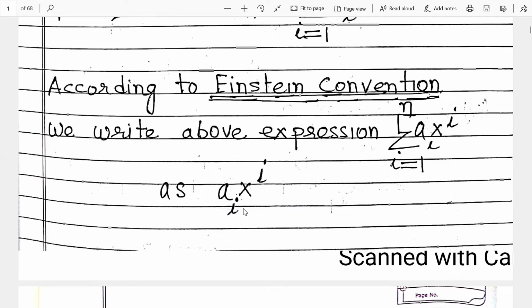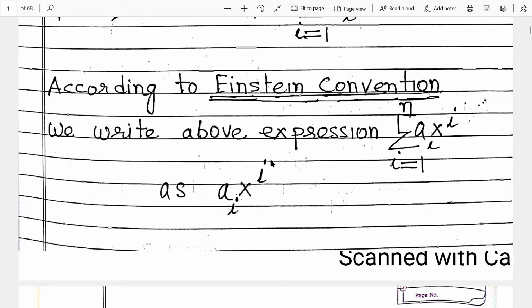Now this i, which appears in two terms, we will discuss in later lectures. These are the dummy indices. We can replace these indices by j, k, or any other variables. It may be i, j, k, p, or r.